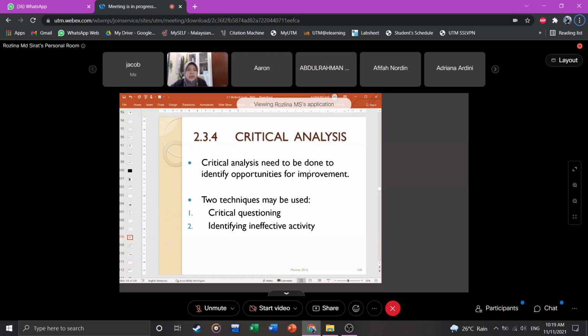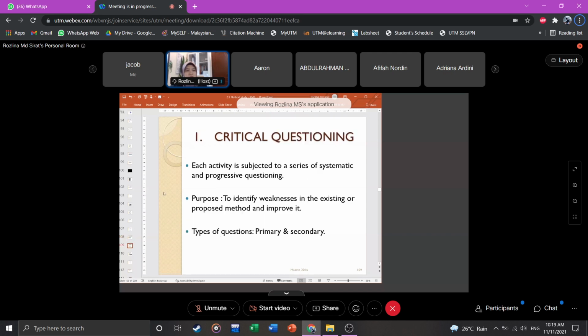Okay, you go to the critical analysis. Critical analysis needs to be done to identify opportunities for improvement. There are two techniques that may be used: first, critical questioning, and second, identifying ineffective activity. For critical questioning, you just use the procedure of questions.